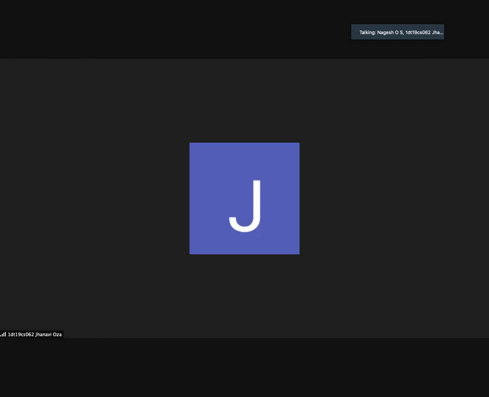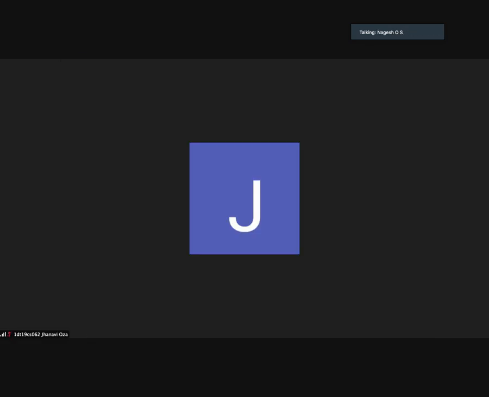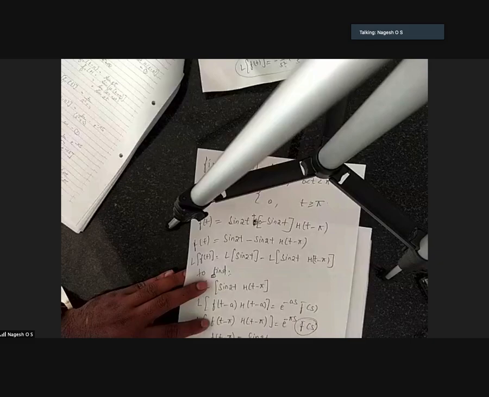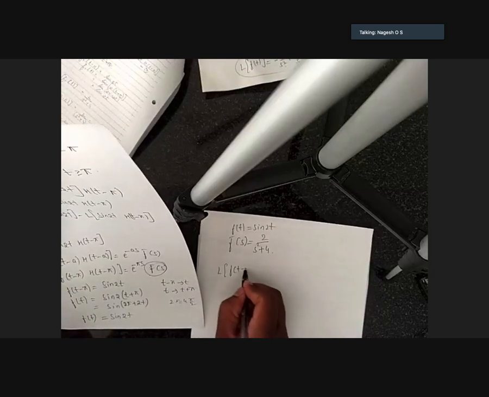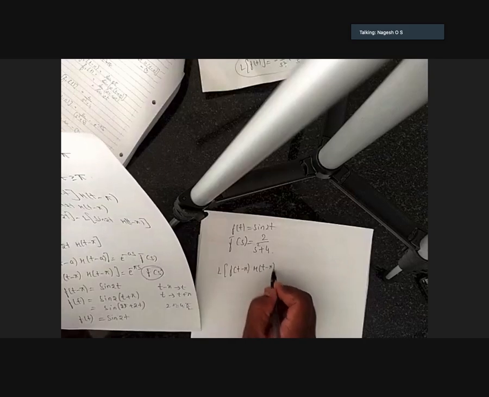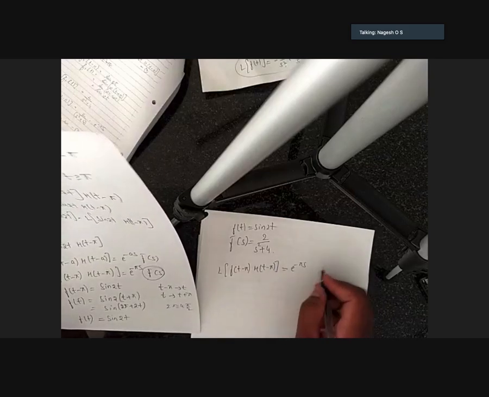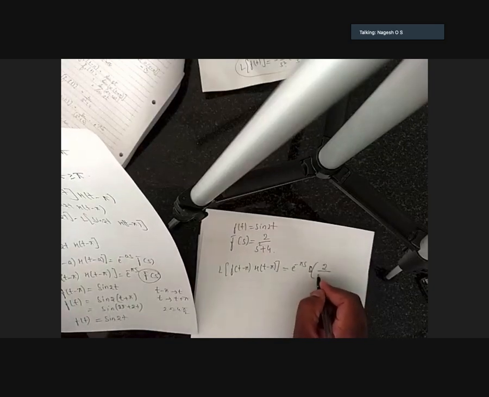Okay. Now substitute here. In place of f bar of s, write this: 2 by s square plus 4. That is nothing but L of f of t minus pi h of t minus pi is equal to e power minus pi s into 2 by s square plus 4.